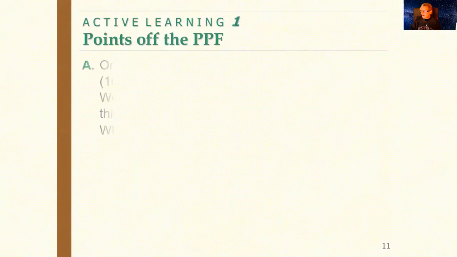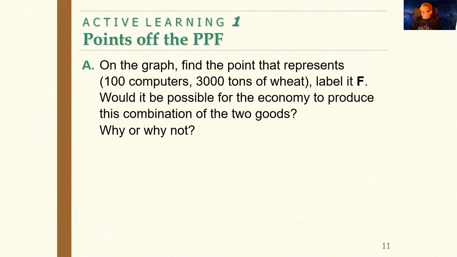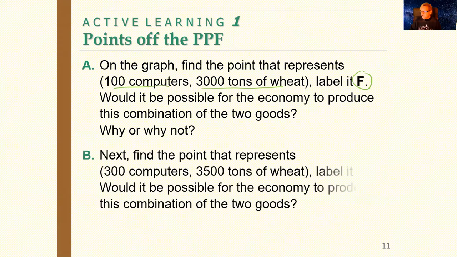Okay. All right. On the graph, find the point that represents 100 computers and 3,000 tons of wheat. Would it be possible for the economy to produce this combination of the two goods?